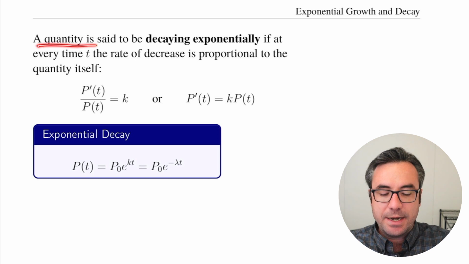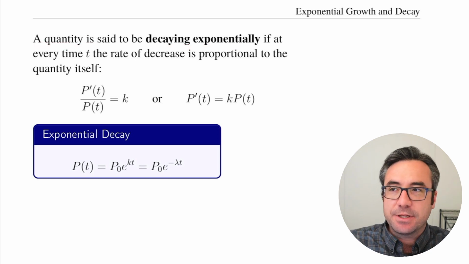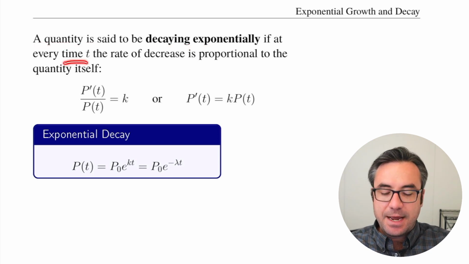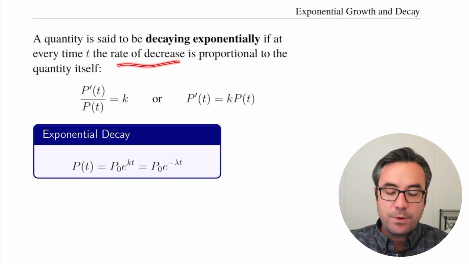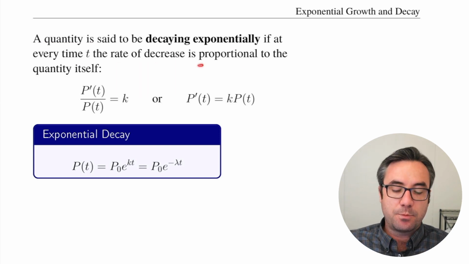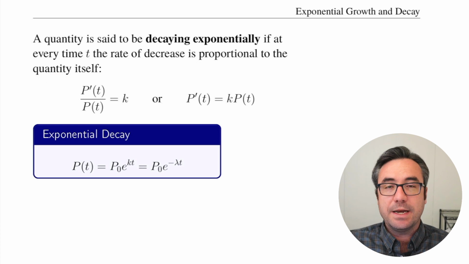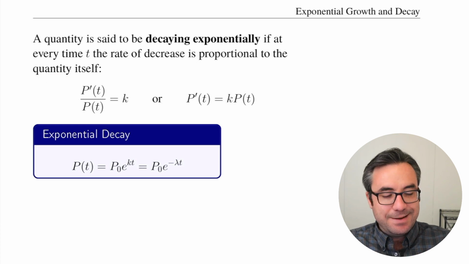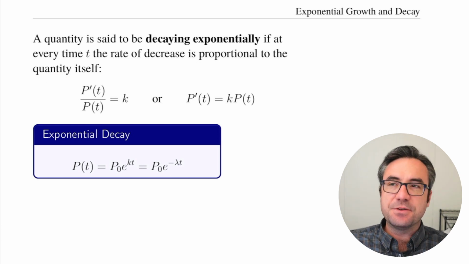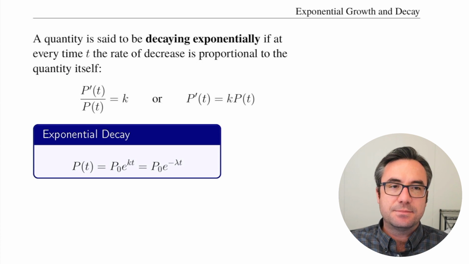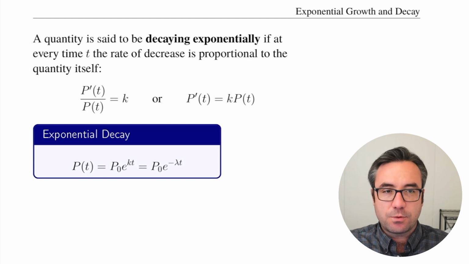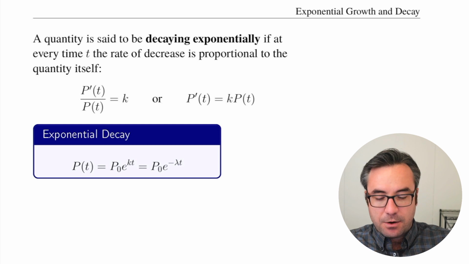All right, so let's look through what the general definition is for exponential decay. We say any quantity is decaying exponentially if at every time t, the rate at which it's decreasing is proportional to the actual quantity itself. This is a very similar definition to what we saw with exponential growth. So we have our rate of change and we have our quantity.